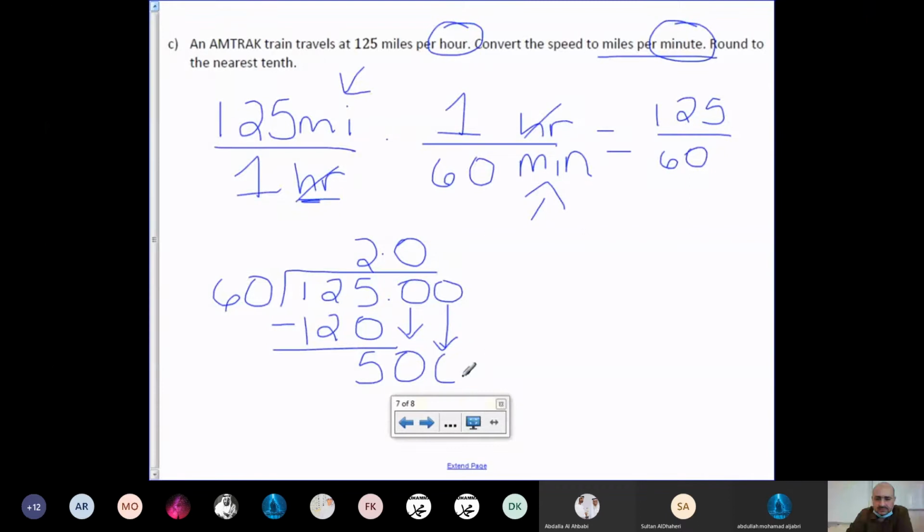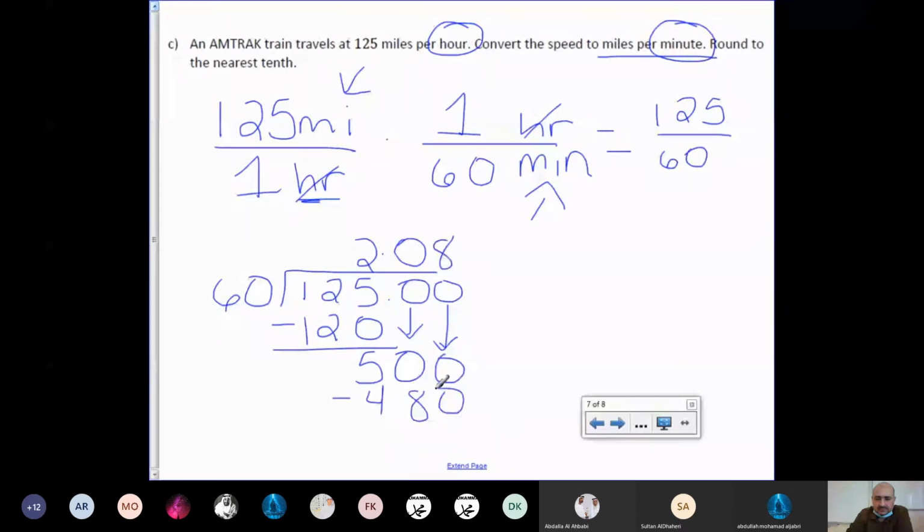And we're going to stop right there. I need to round to the tenths place, so you need to go one more digit. We found the next digit, which was 8. So find your place, look next door, 5 or greater, add 1 more. So it's 2.1 miles per minute.